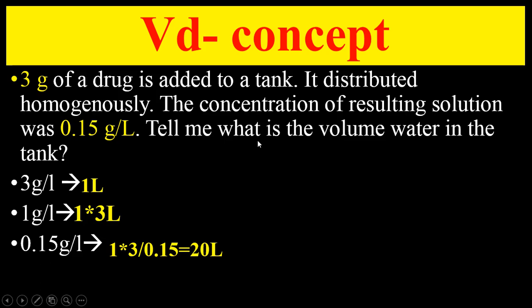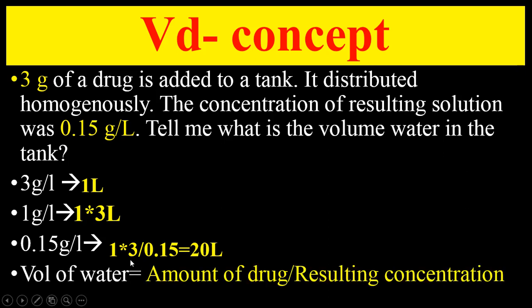So the volume of water in the tank, which we calculated by estimating from the concentration of the solute we placed inside the tank, is the volume of distribution. It will be cleared later. For now, the formula for the volume of water in the tank is the amount of drug we placed as numerator and the resulting concentration as denominator.